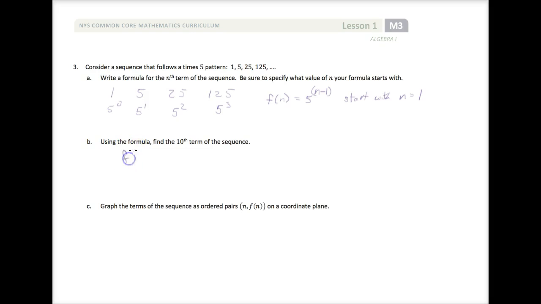So f of 10 is going to equal 5 to the 10 minus 1, just replacing n with 10. 5 to the 9th, and 5 to the 9th is a huge number. It's a number we're going to get in our calculator. Because 5 to the 9th is 1,953,125. That's a huge number, so we don't want to have to figure that out by ourselves.